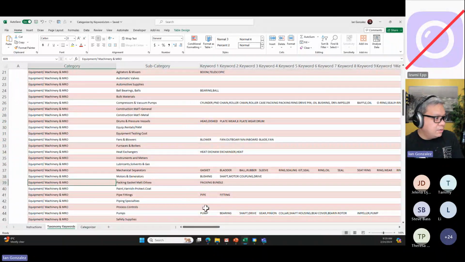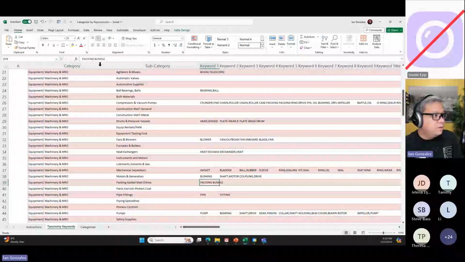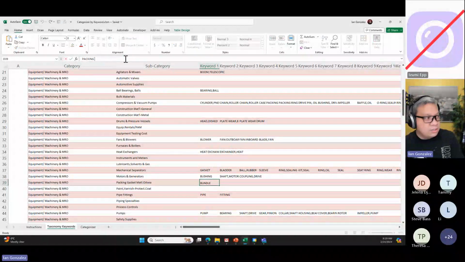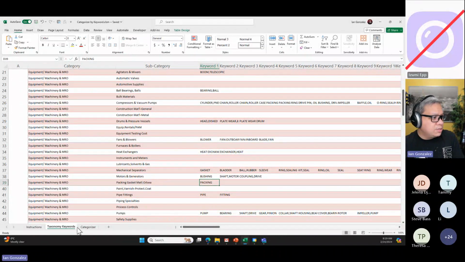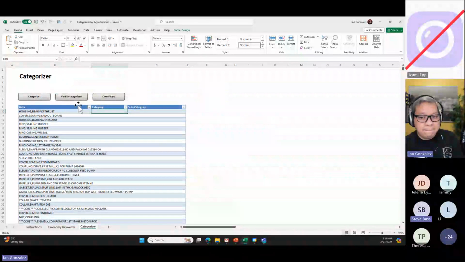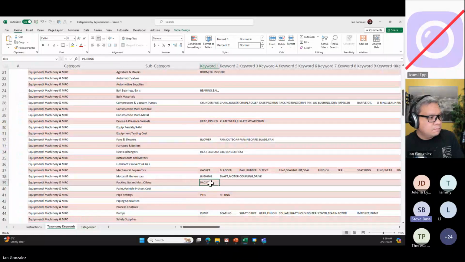Let me double check my packing bundle. Packing bundle is here, equipment, machinery, MRO. Just to be clear, I'll just make this packing. It should work. Categorizer. Sorry, Steve, I noticed that some of the descriptions had a colon after the word packing and then the word bundle, and some didn't have that colon.